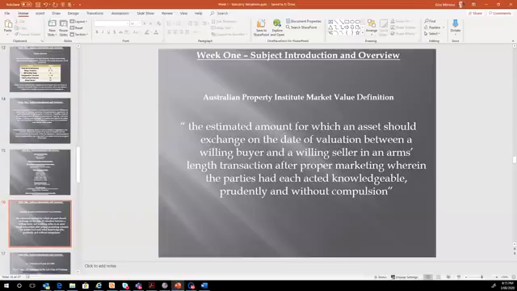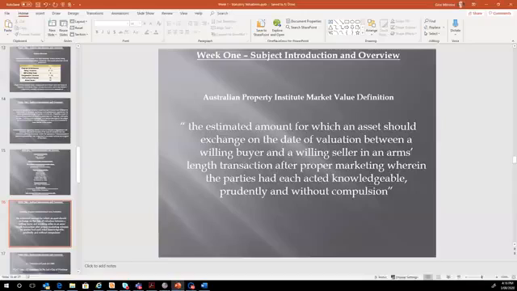In most situations, a vendor generally has an overinflated opinion of what their property is worth, and vice versa, the purchaser always thinks the asking price is too high. So the definition of market value is the figure at which both those parties agree.